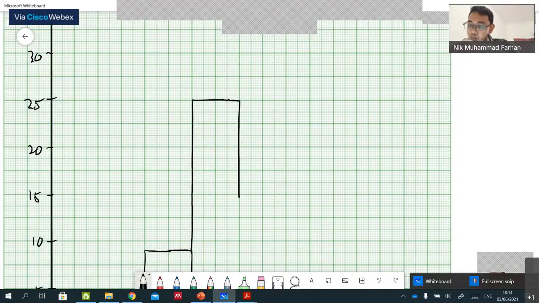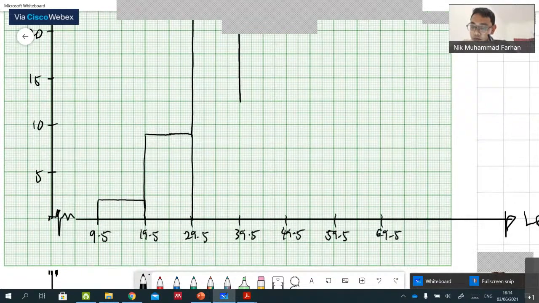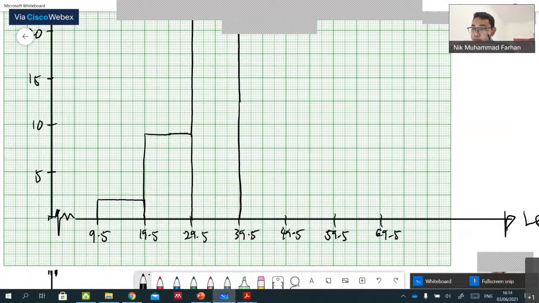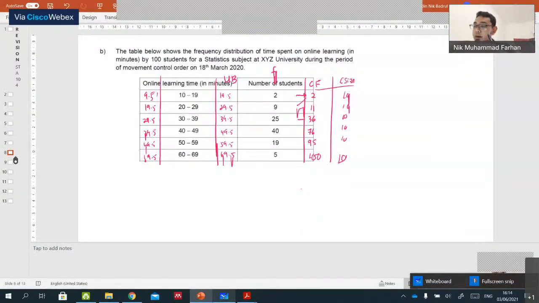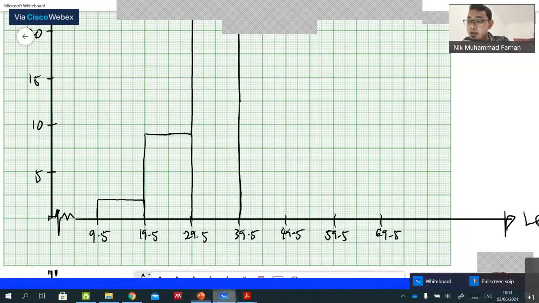Jangan lupa dekat you punya histogram perlu guna pembaris. Alright, guna pembaris. Alright. 40, 19, 5.